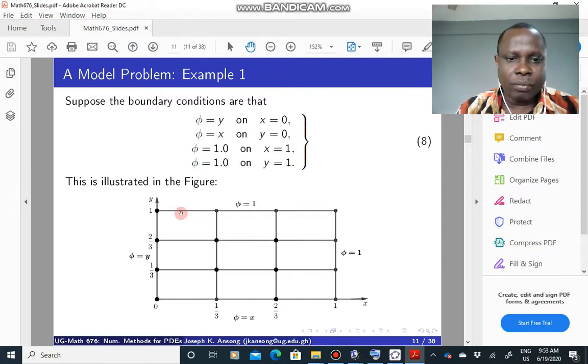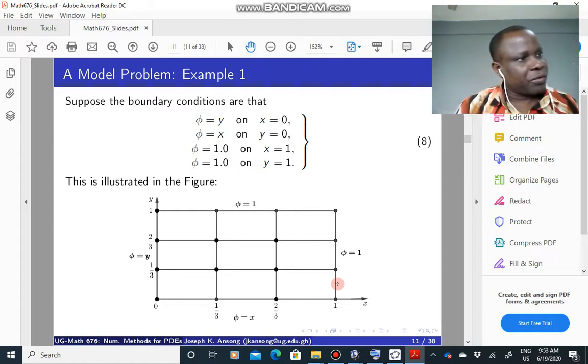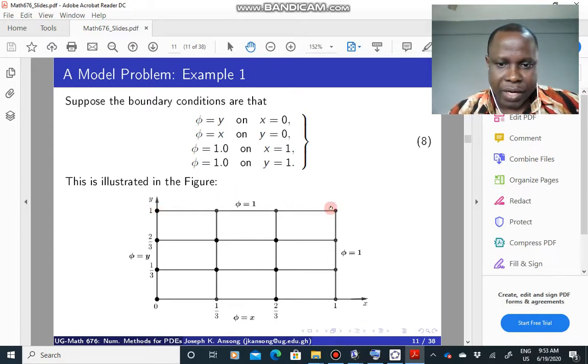Then on the top boundary, any point along here, phi is 1, and on the right hand side boundary phi is also equal to 1. Okay. So we have all the boundary conditions covered: the top, the right, the bottom, and the left.